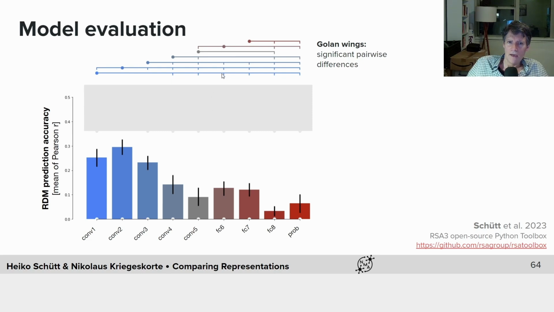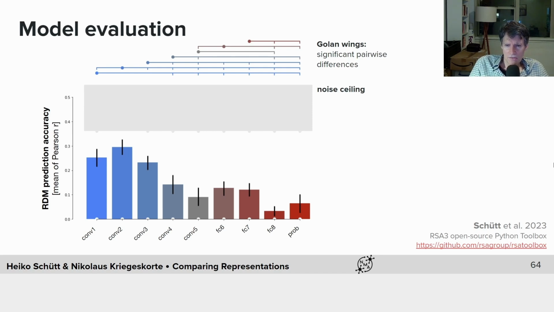So this would be FC6 in this case. And then there's a little tick mark for each other model that this reference model significantly dominates. So it significantly dominates conv5 here. It doesn't significantly dominate FC6, but it does significantly dominate FC8 in this case.